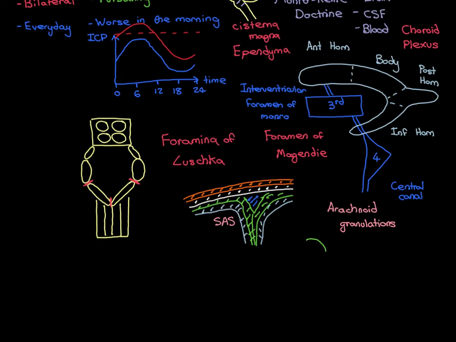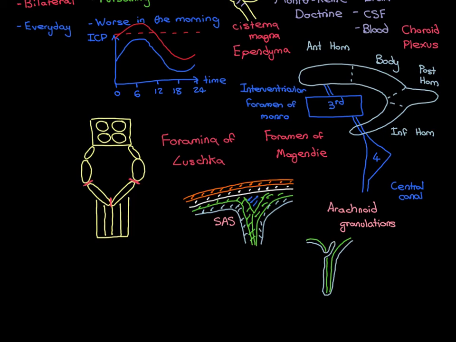So here is the meningeal dura mater, like so, and there what you can see is I've made a little hole in the meningeal dura mater. So this is where the superior sagittal sinus is, and now we're going to push the arachnoid mater through that little hole. So here in blue is the arachnoid mater, and now look, I can make this little extension of the arachnoid mater like that into the dural venous sinus, like so.